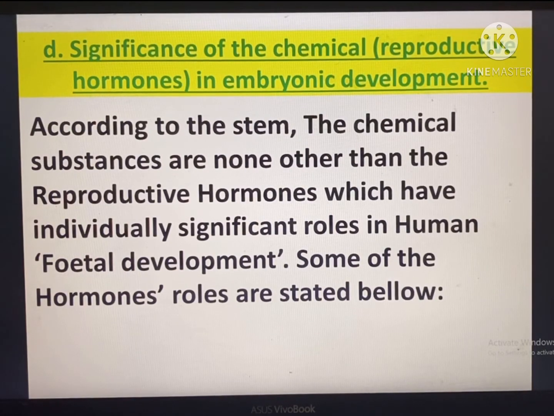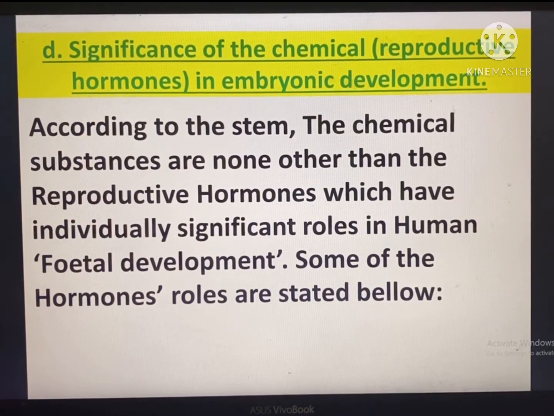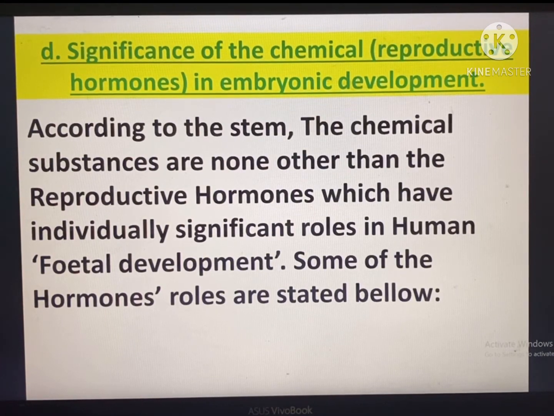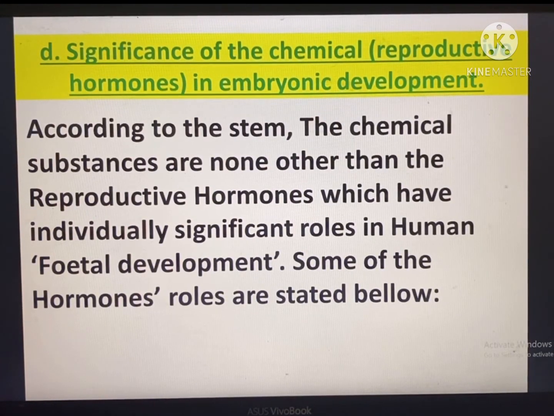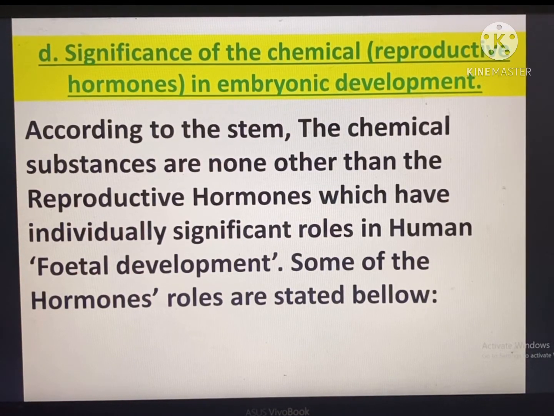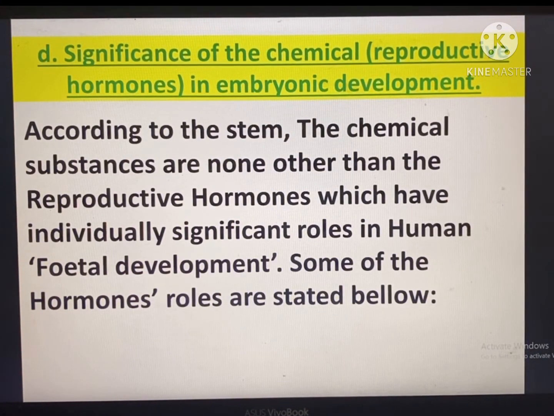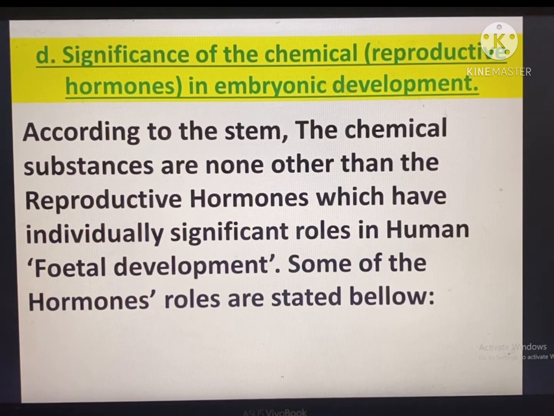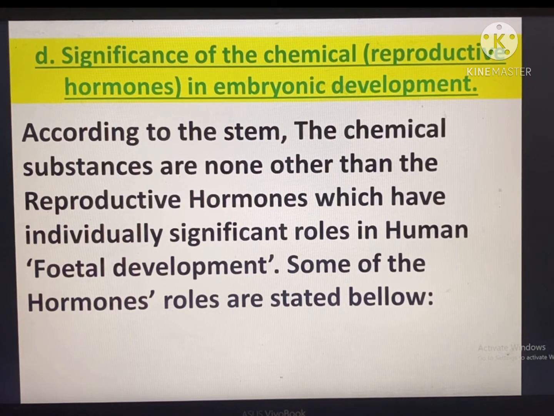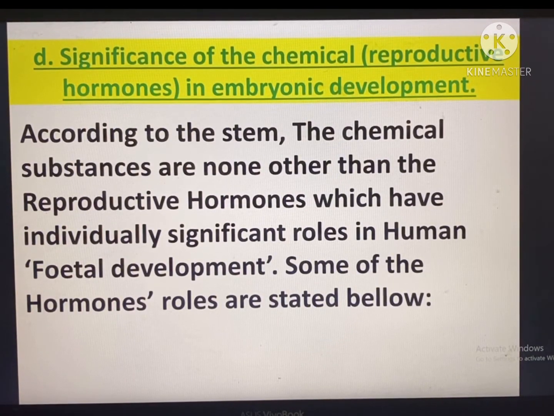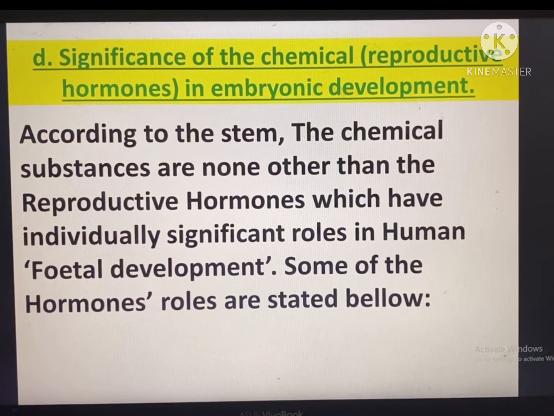So the next question is this standard question, which is of 4 marks if you can answer properly. Significance of the chemical substances, that is the reproductive hormones, in embryonic development. Well, according to the STEM, the chemical substances are none other than the reproductive hormones, which have individually significant roles in human fetal development.